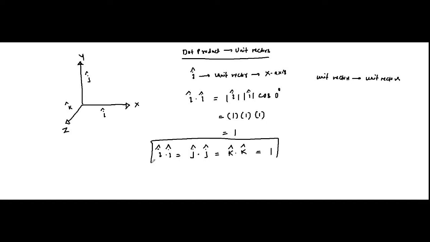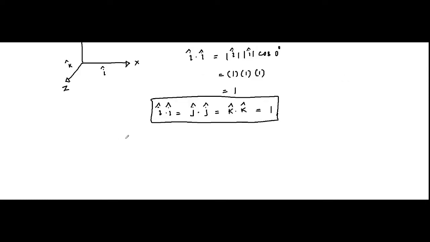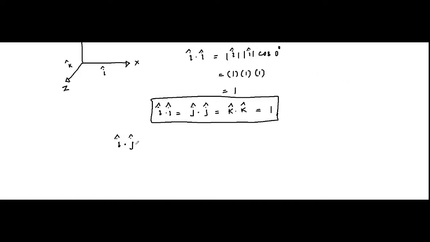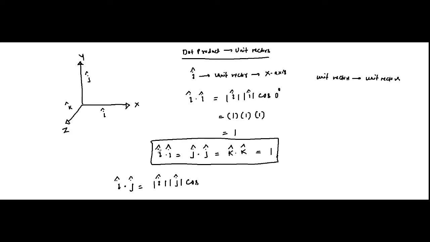Now suppose we do i cap dot product with j cap. i cap is the unit vector for the x axis, and j cap is the unit vector for the y axis. Let's do the dot product of these. It will be i cap magnitude, j cap magnitude, cos of the angle between them, which is 90 degree, because the x and y axes are at right angles with respect to each other.